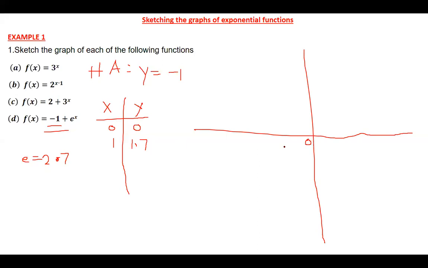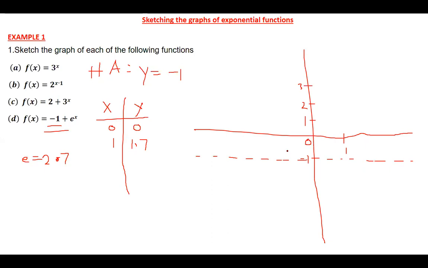There's a 0 there. Then we have 1 there. We have 1, 2, 3, so we have 3, 2, 1. Then we also have our horizontal asymptote there, which is negative 1.